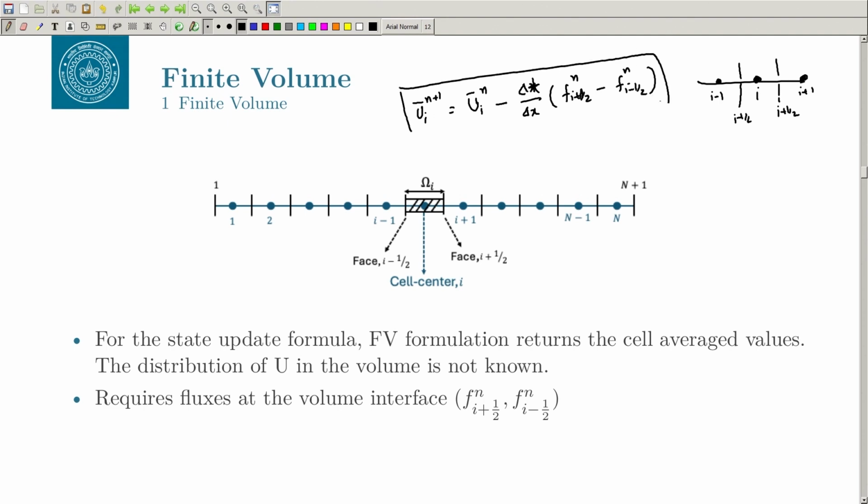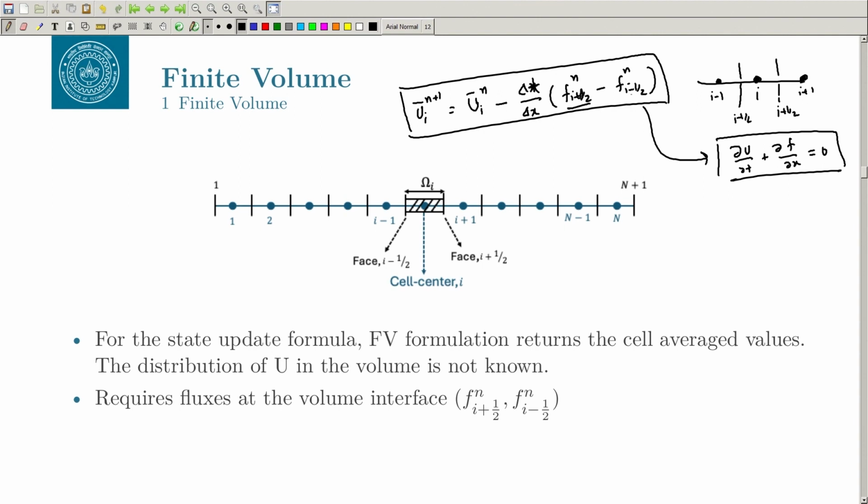Of course, the problem that we are trying to solve is del u by del t plus del f by del x equal to 0. The only question that we have is how to calculate this f I plus half and f I minus half, which results in another question: how is u varying?